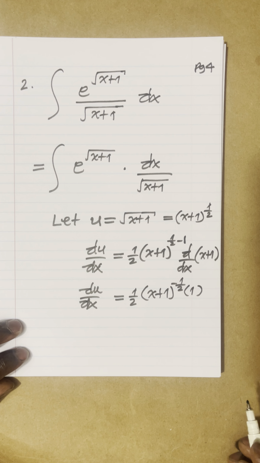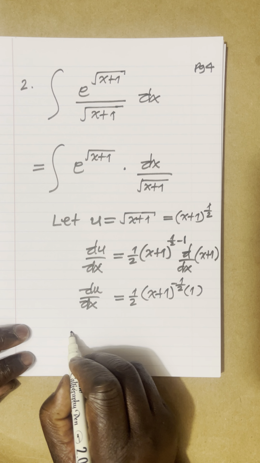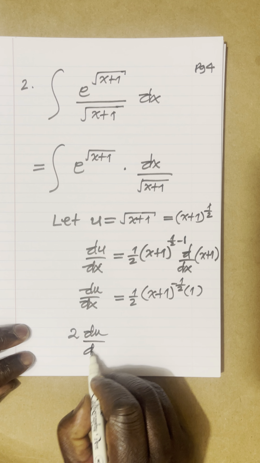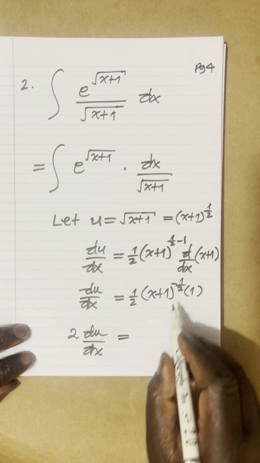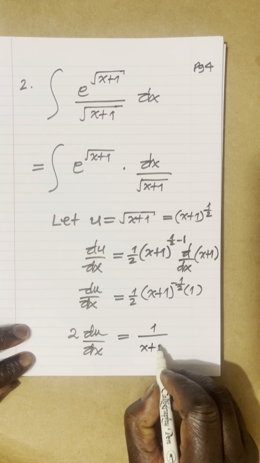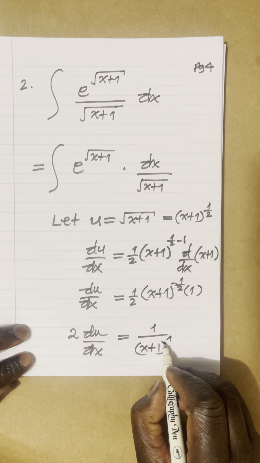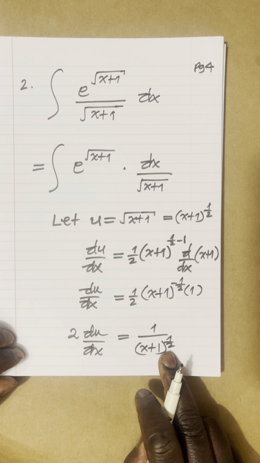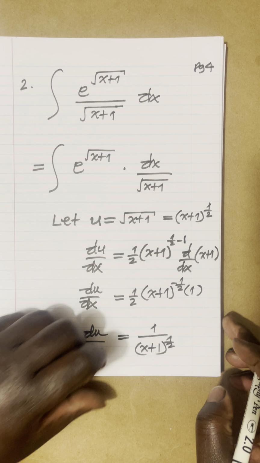Now I'm going to multiply both sides by 2, so I'm going to get 2 du dx is equal to, and I'm going to rewrite this expression as 1 all over x plus 1 to the power half. Right, I'm going to multiply by dx both sides and rewrite this as square root of x plus 1.